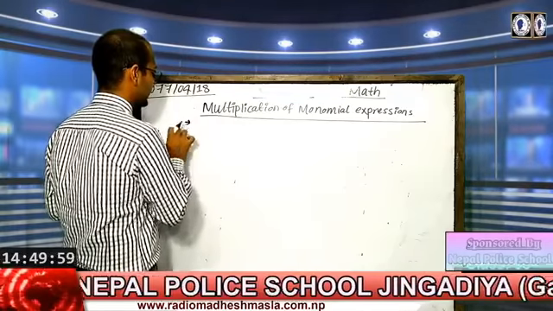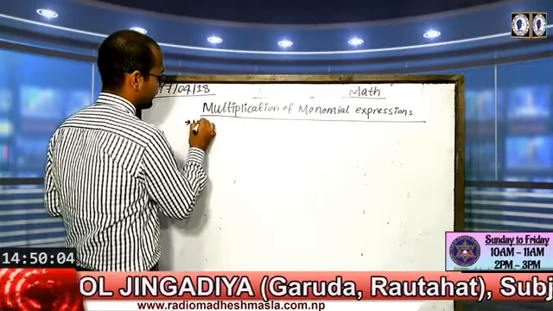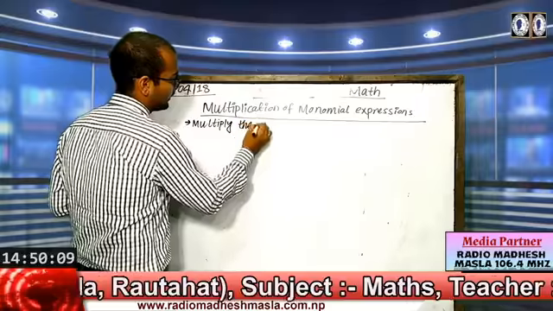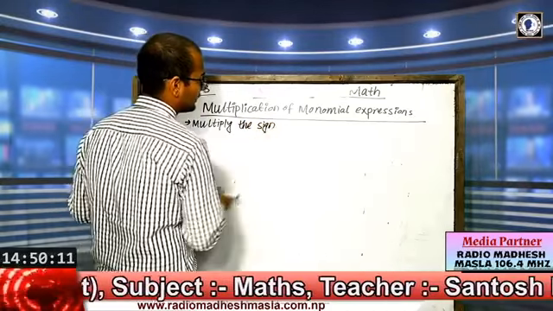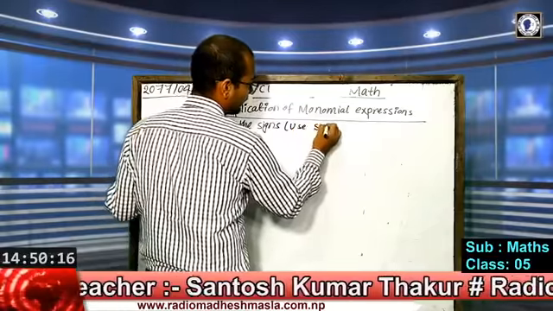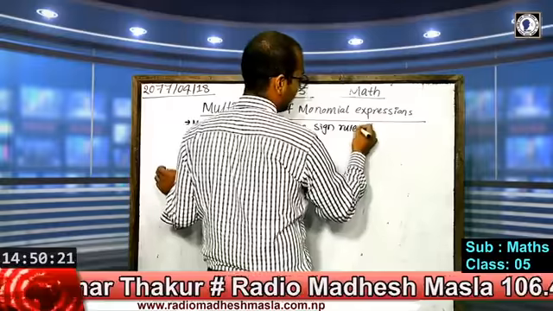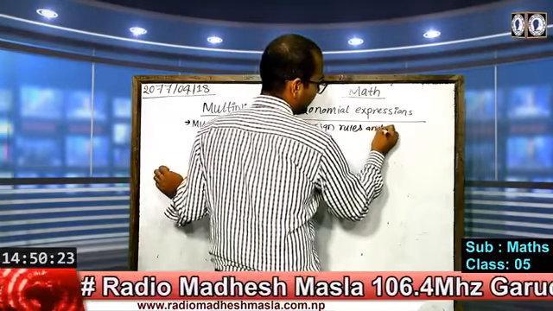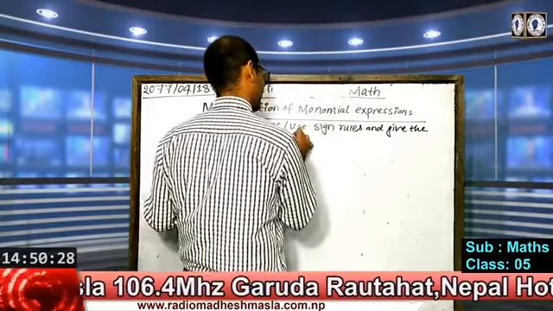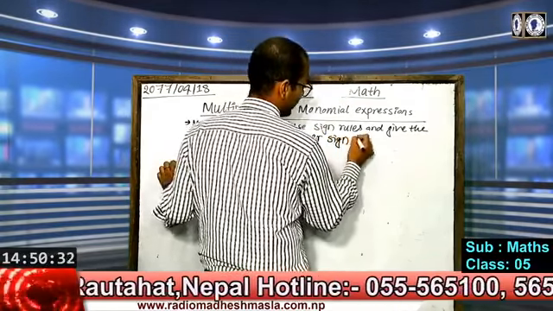First we should multiply the signs, that means use the sign rule and give the proper sign.